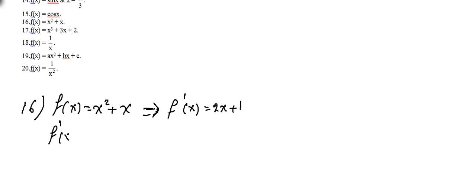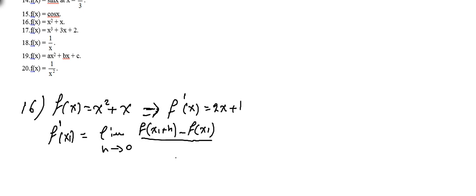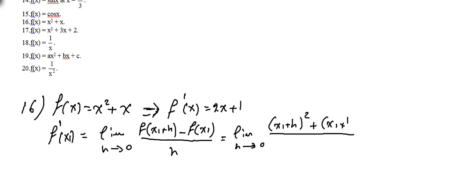f prime of x1 is equal to the limit as h tends to 0 of f of x1 plus h minus f of x1 over h, which is equal to the limit as h tends to 0 of x1 plus h squared plus x1 plus h, right?